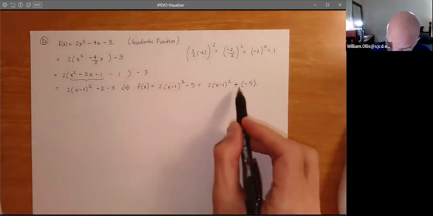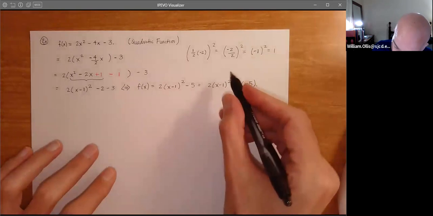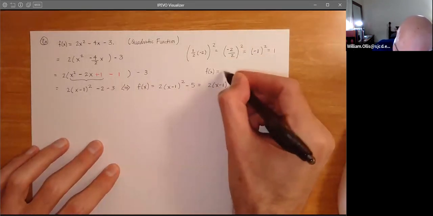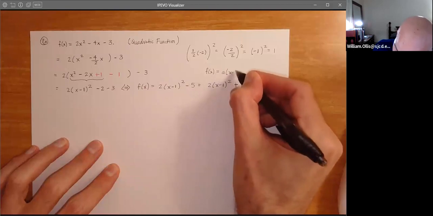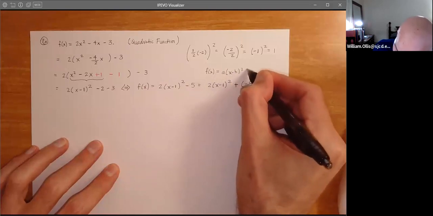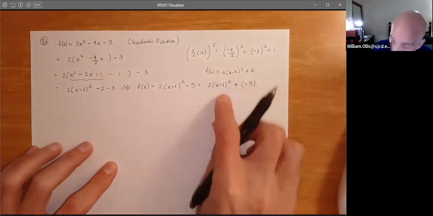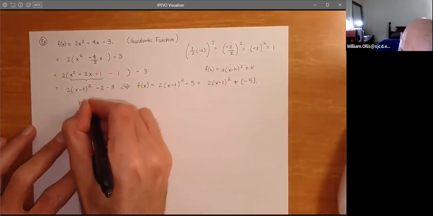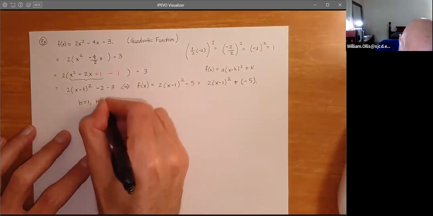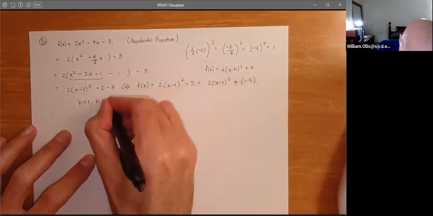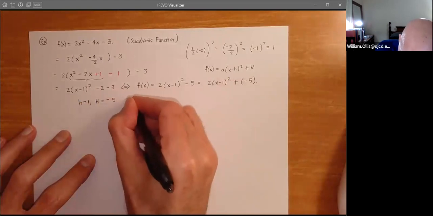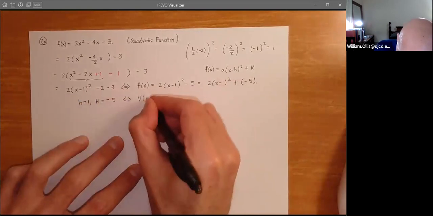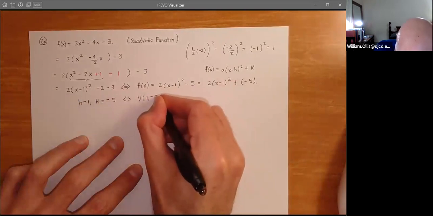So now when we look at this, we're thinking, okay, well, our standard form, I'm always going to write this down just to remind you, number 2, is a times x minus h quantity squared plus k. So we've got the minus here that we need. So h is 1 and k equals -5. So this corresponds to a vertex of 1, -5.